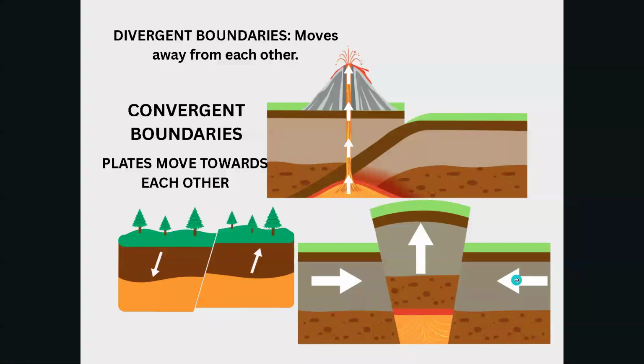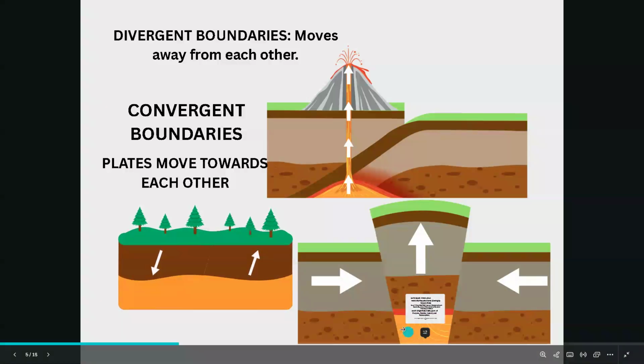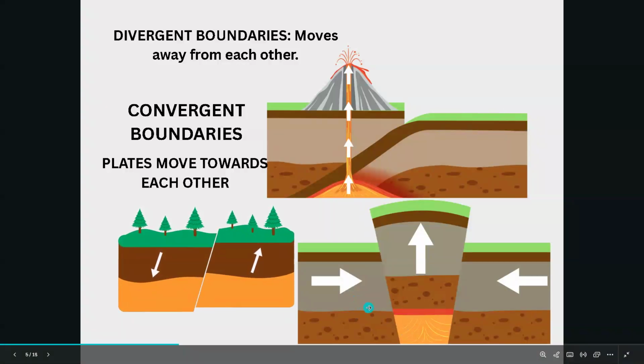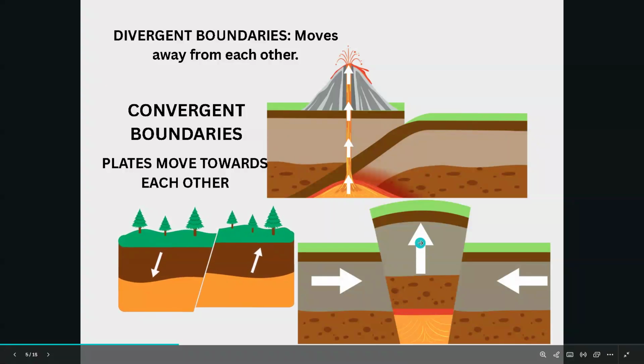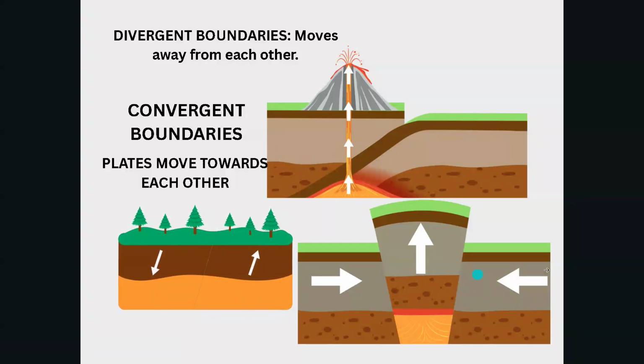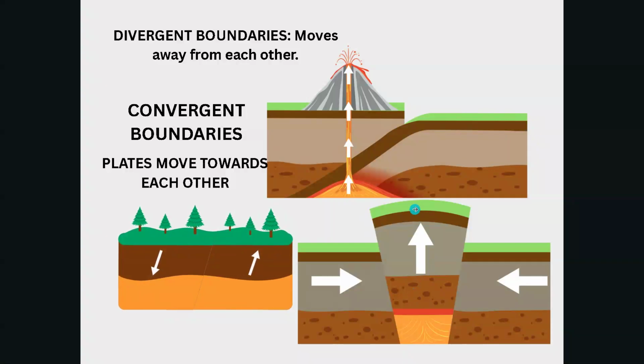So when the plates move in the opposite direction, they create pressure here. Already the inner core is in the liquid form, and it will be trying to bring the liquid outside. So already these plates are moving and they are creating pressure. So it will try to come out.